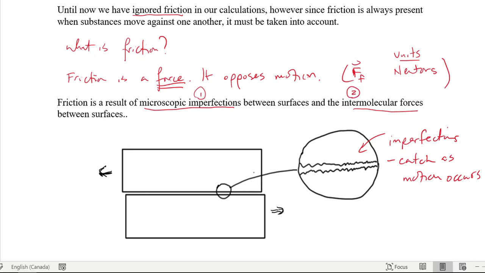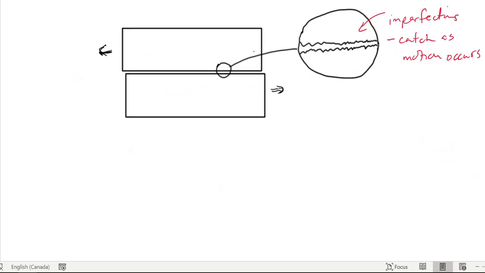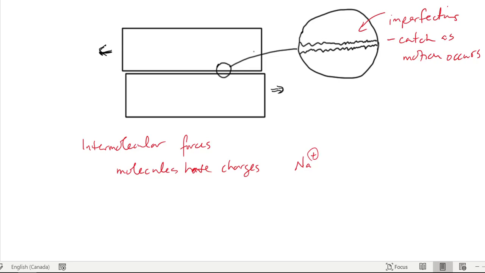It makes it harder. Okay, so that's your microscopic imperfections. What do we mean by intermolecular forces? We know that molecules have charges. You learned last year, for example, sodium chloride, the simplest one. It has a positive and negative charge, and that's what holds these two things together. But that positive and negative charge isn't necessarily evenly distributed.